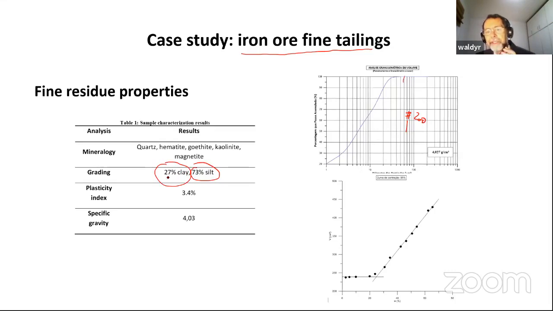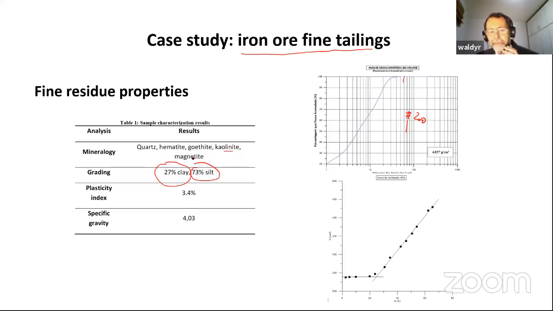Be careful here. When you say 27% of clay, this is a product of the iron ore. So probably this clay fraction is not really clay minerals. When you see the mineralogy of this, you see lots of other minerals that are not kaolinite, for example, that is a soil mineral.